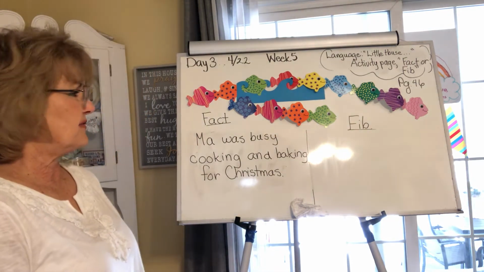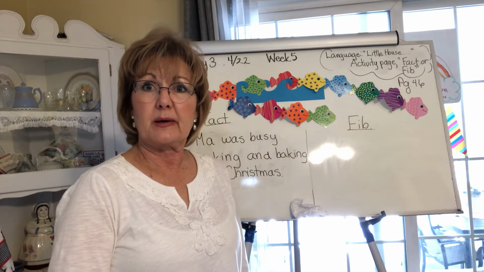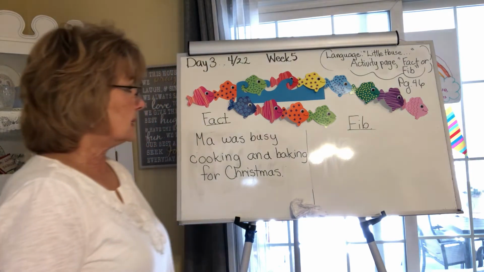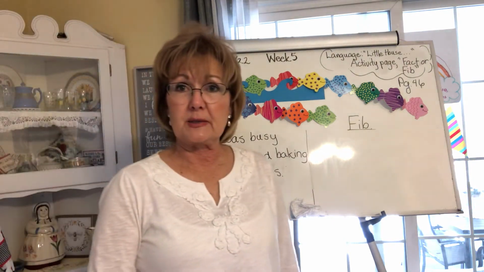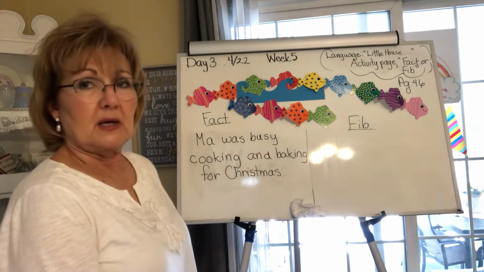Now, what would be the fib? Ma was laying around watching television all day. That's a fib for two reasons. Ma wasn't doing that, and they didn't have television in those days. Oh, those dogs.